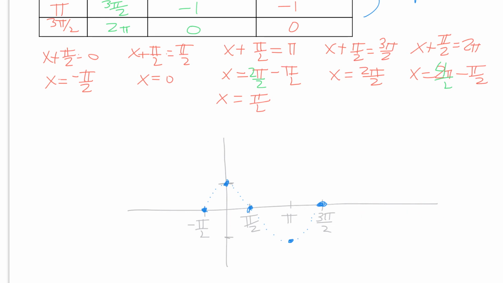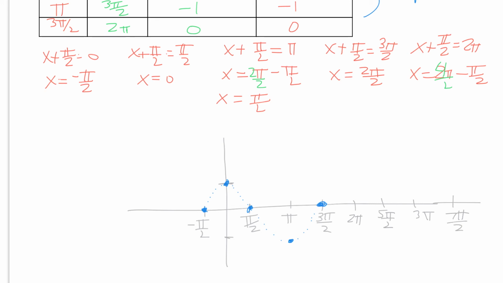It really doesn't matter. I'm just going to continue on in this positive direction, noticing that I'm going up by pi over 2. So then I'm going to add on, after 3 pi over 2 would be 4 pi over 2, which simplifies to 2 pi. Then 5 pi over 2. Then 6 pi over 2, which simplifies to 3 pi. And then 7 pi over 2.